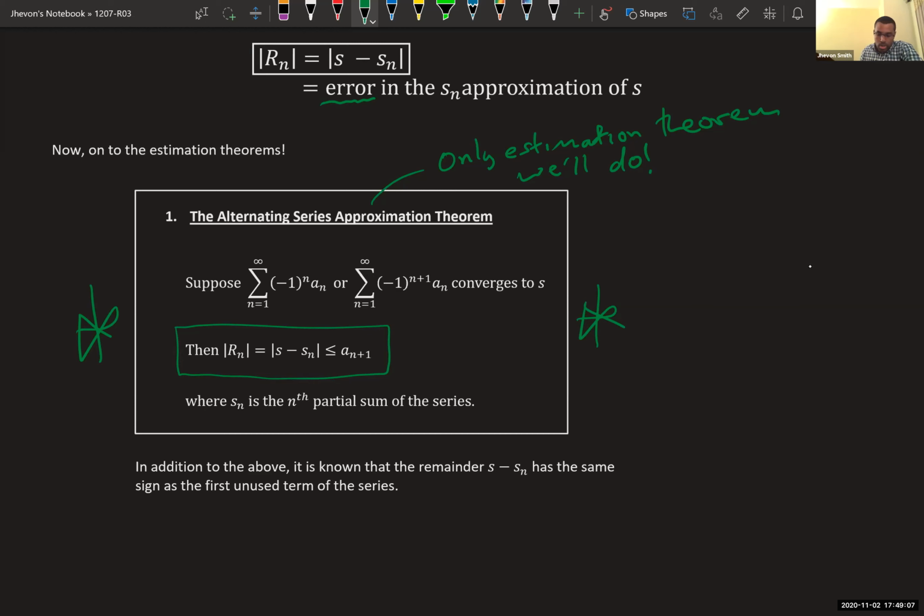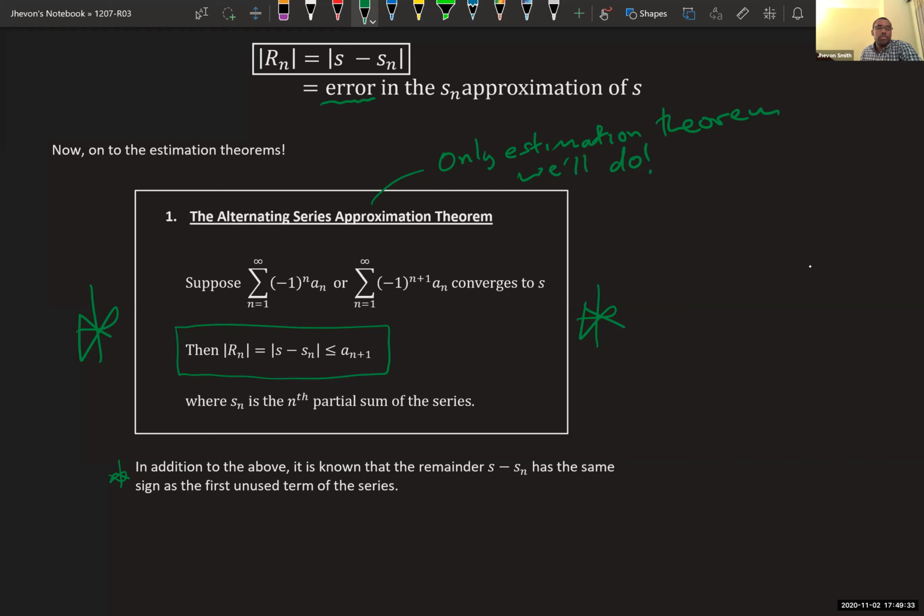In fact, we do know something else, which I'll talk about today. I'm not sure how much I'll actually test you on this, but we can also know the sign of s minus s_n. It's the same sign as the first unused term. Whatever sign the a_{n+1} term carries, that will be the same sign that s minus s_n carries.